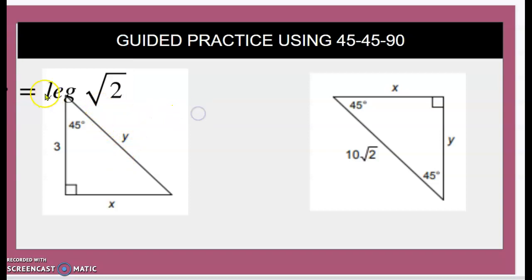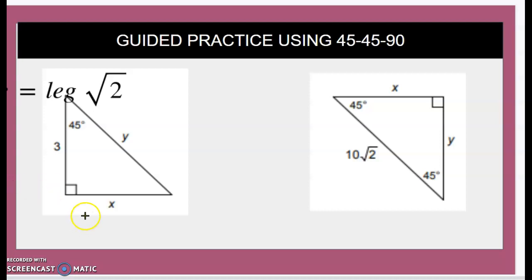Okay, once again, our formulas: the legs are equal, and the hypotenuse is equal to the leg times the square root of 2. First we have to recognize that it's a 45, 45. We have a right angle and a 45, so therefore we know we can use it.